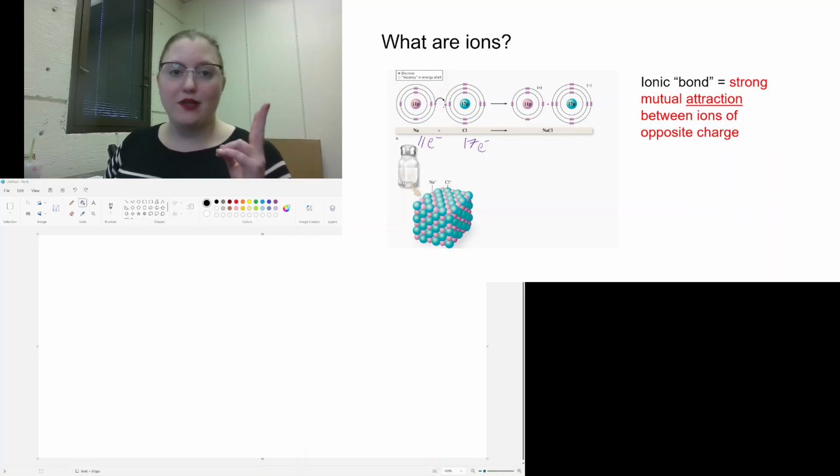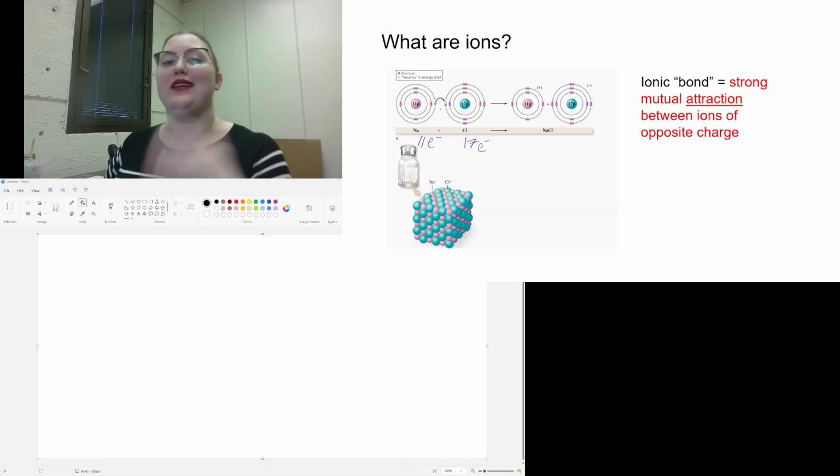So there's 2 ways that an atom of an element can be happy. It can either fill up its valence shell, or it can get rid of electrons to go back to its last full shell. So sodium, since it only has 1 electron in its valence shell, is way more likely to give that electron away, as opposed to trying to find 7 more electrons to fill up that third shell.